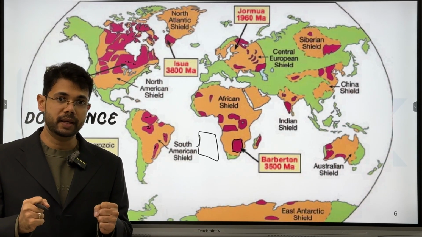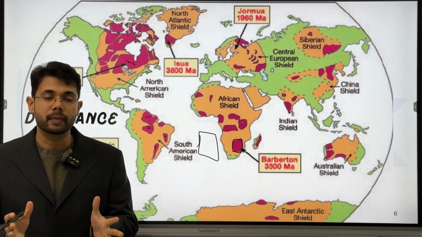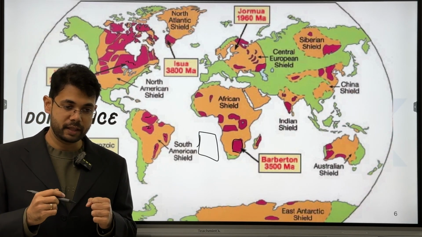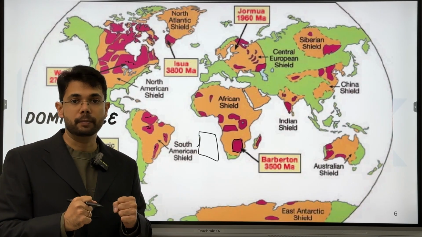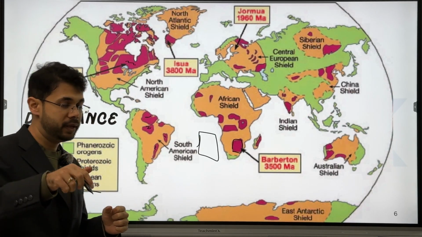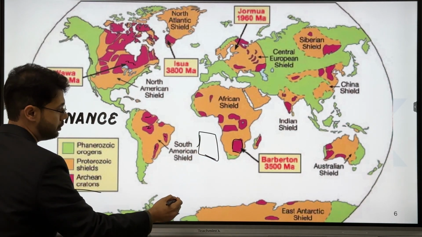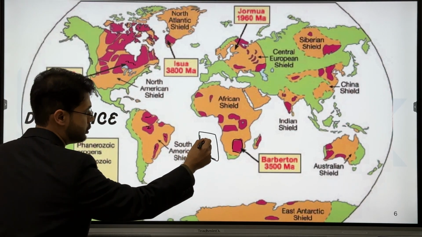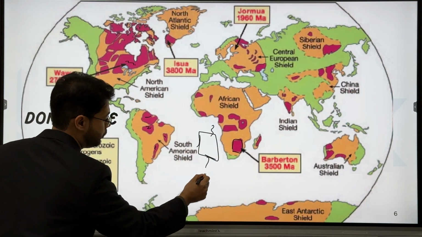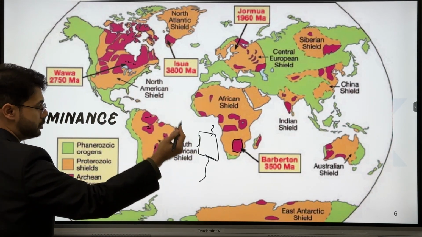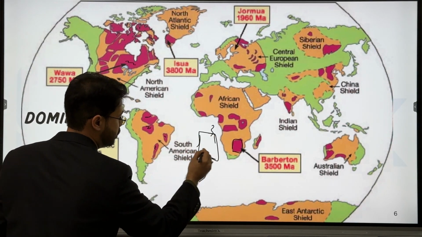Even the tectonic plates that go around them find it extremely hard to move them. So things start happening around these. If there is this shield here, for example, and for some reason it comes across a continent-continent collision, things eroded, fold mountains formed, and now the turn has come for this shield.